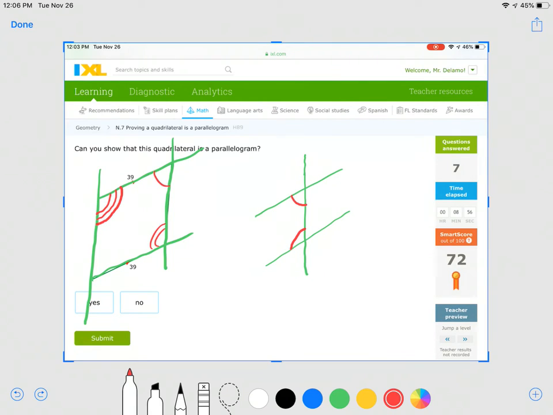Actually, I don't know. Same length. Yeah, I'm pretty sure the answer is yes, but I don't know how to do a proof of it at the moment.